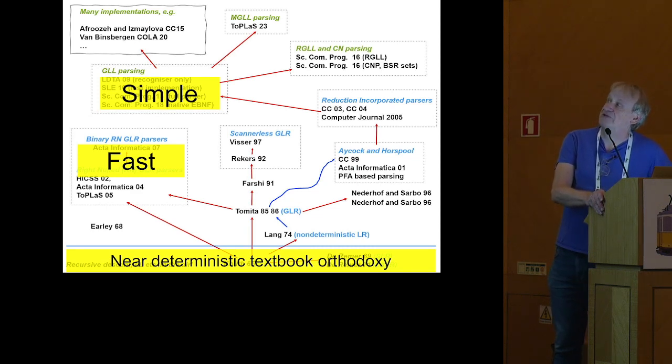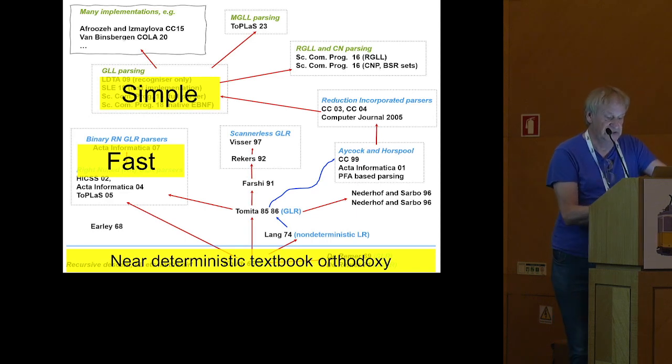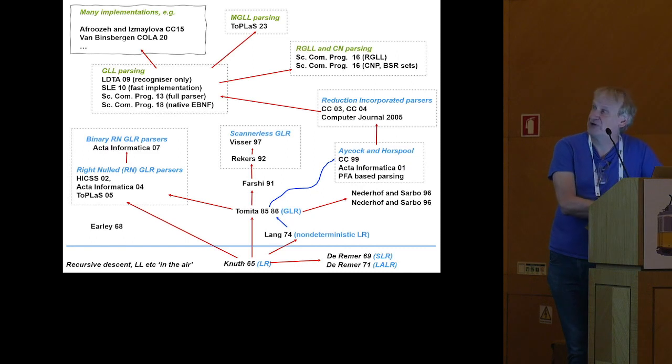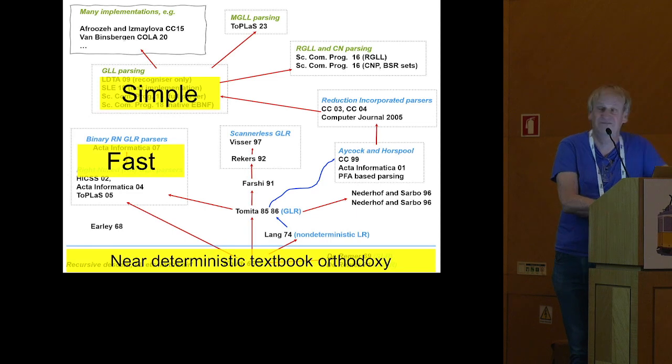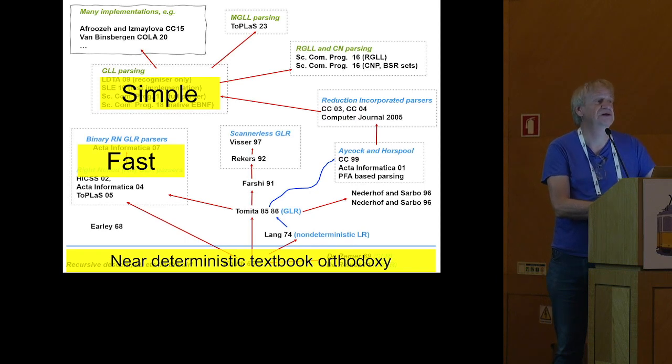There's Ilko there, for instance, in '97. Now, our particular branch of GLR ends up with this binary right null GLR parsing there, Acta Informatica 07, and that's the target for most of our work in generalized parsing, and we believe that's our fastest algorithm. However, I'm not aware of any implementations out there of BRN-GLR because, to be honest, it's quite dense and quite hard.